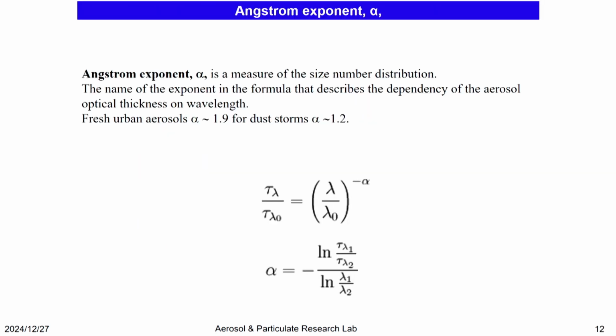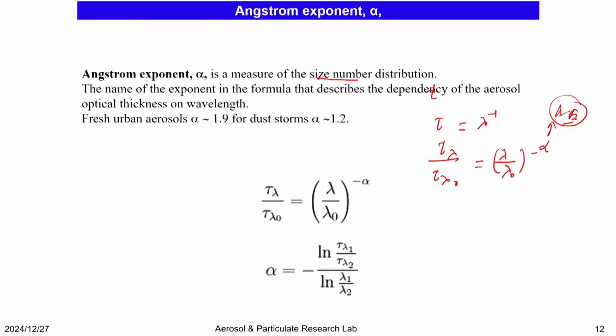Another important parameter is the wavelength dependence of tau, which goes as lambda to the power minus 1. If you want to calculate tau at lambda divided by tau at lambda 0, this will be lambda upon lambda 0 to the power minus alpha. This equation is very important, and this alpha is called the Angstrom exponent, which is a measure of the size number distribution.